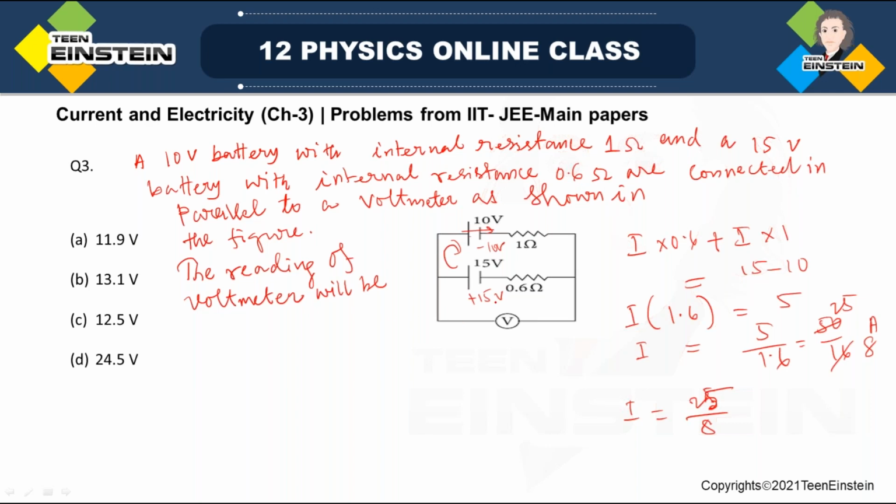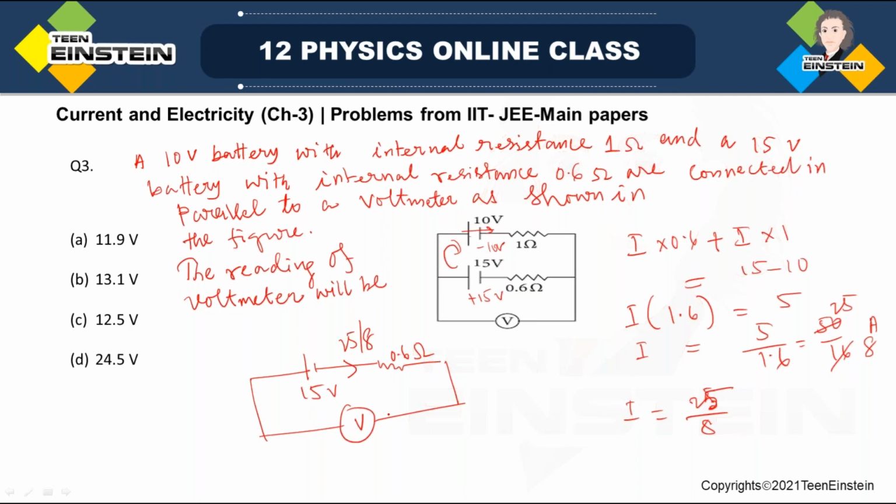If I take the second cell, the second cell is 15 volt, its internal resistance is 0.6 ohm, and the current flowing through it is 25 by 8.